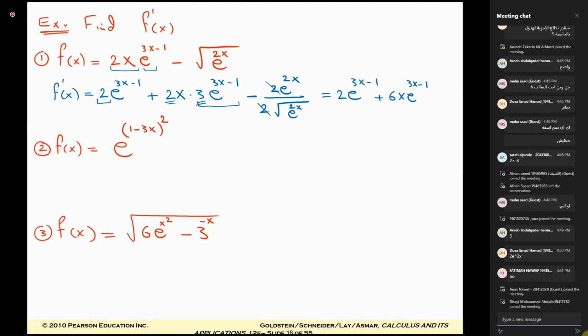We can remove 2 with 2, so this equals minus e to the power 2x over radical e to the power 2x. Also we can remove the radical with the square, so we have only e to the power x. So we have many simplifications. Any question?